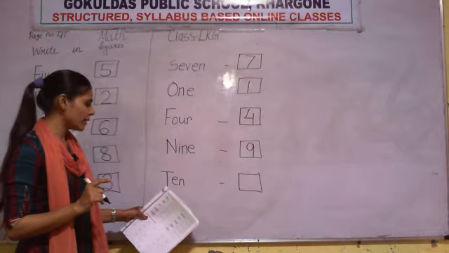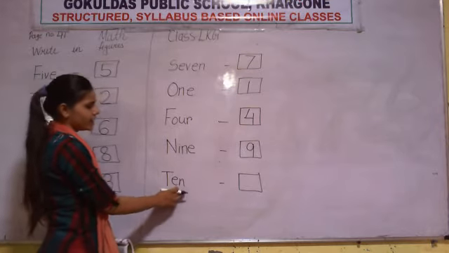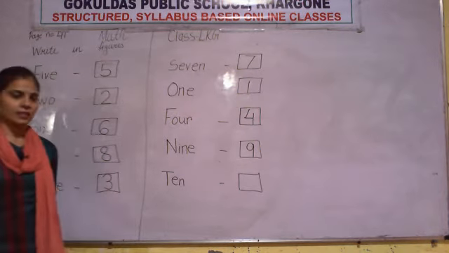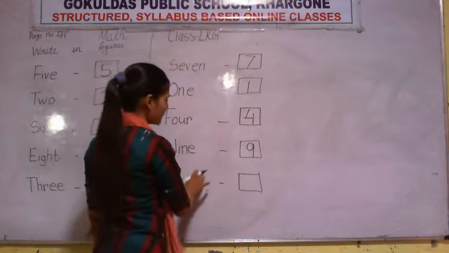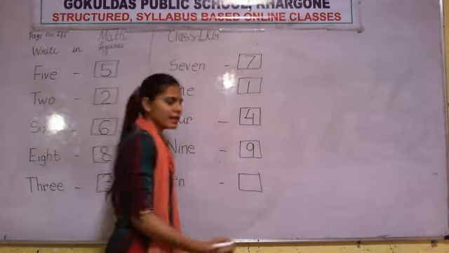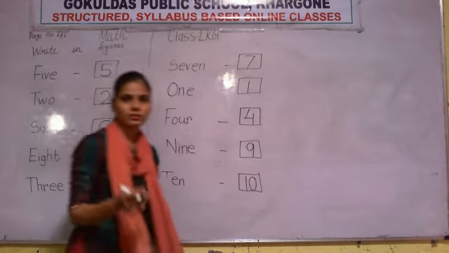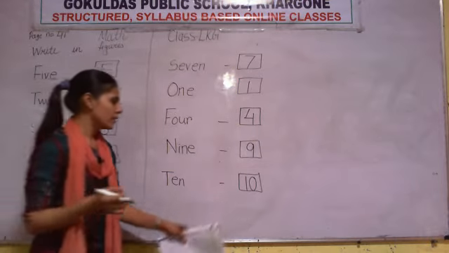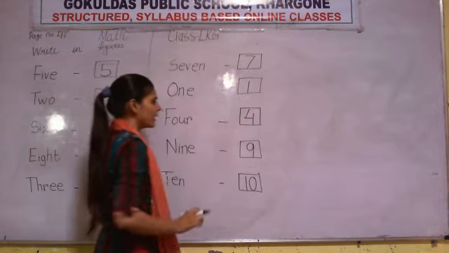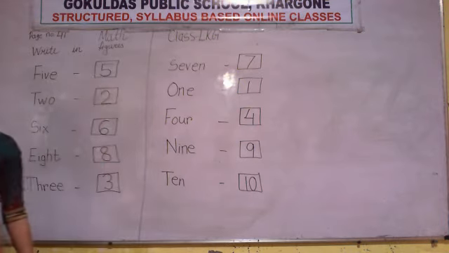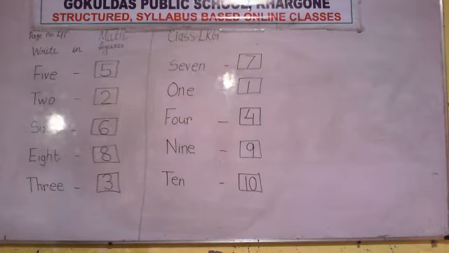The name of number 10 is T-E-N. So in this block you write number 10. How to write? Standing line and make an oval. So this is number 10. 10. So done.